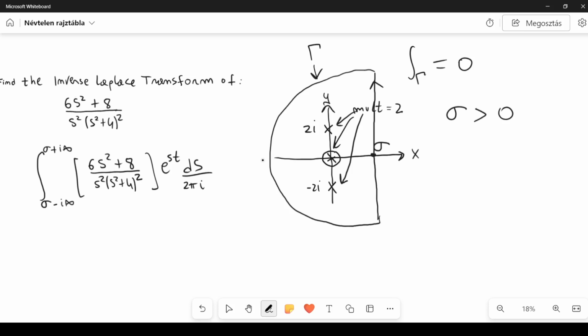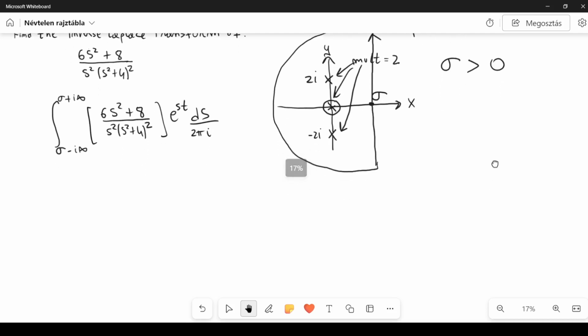I will not get into more technical details here, but when we invert this function, we will not get 0. So we have to consider contours with the vertical lines that are on the right of this y-axis to, let's say, surround these poles.